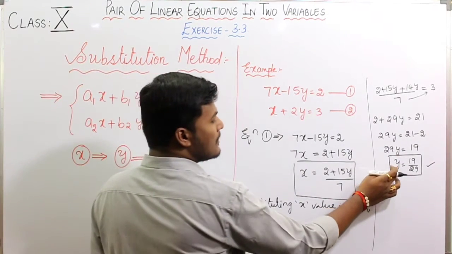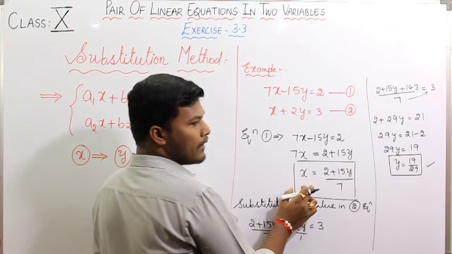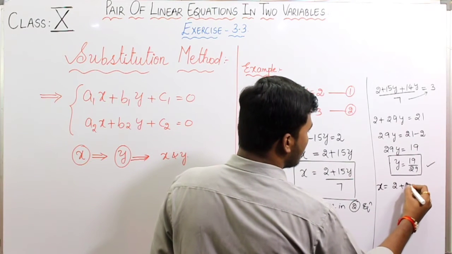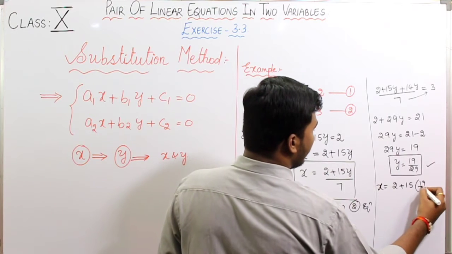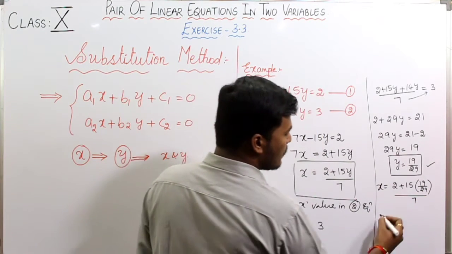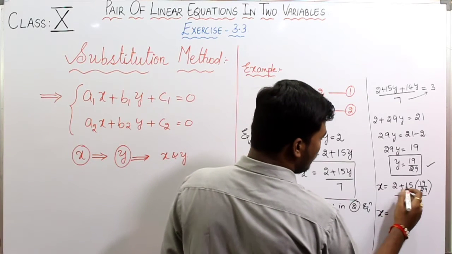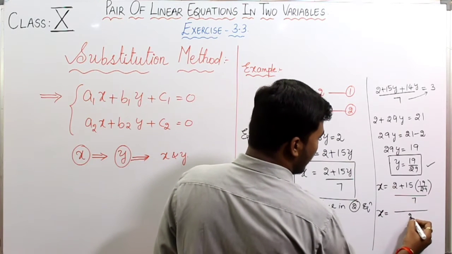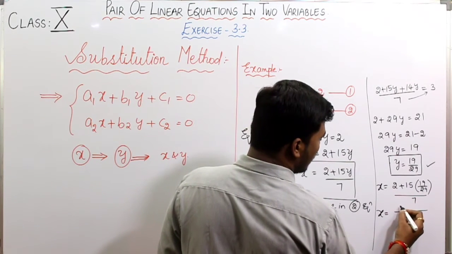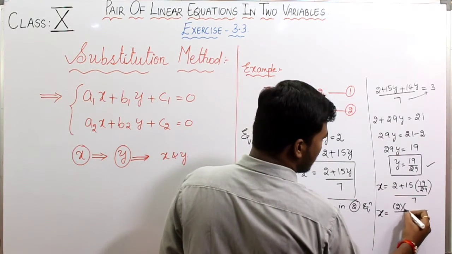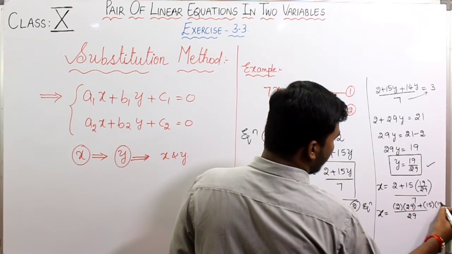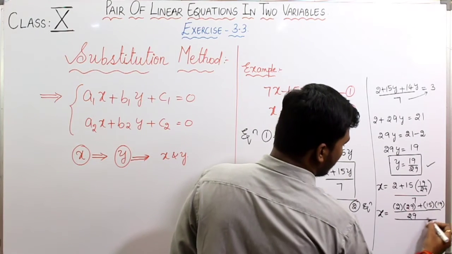Now substitute this y value in this x to get the x value. That is x is equal to (2 plus 15 into 19 by 29) by 7. So from this, x will be equal to, here you will have the LCM as 29, right? 2 into 29, let us write it as it is, 2 into 29 plus 15 into 19, by 7.